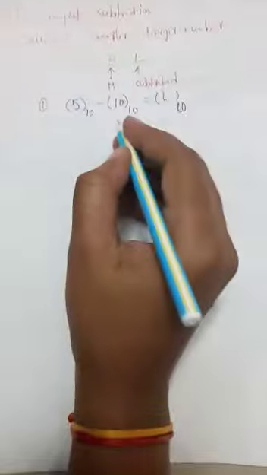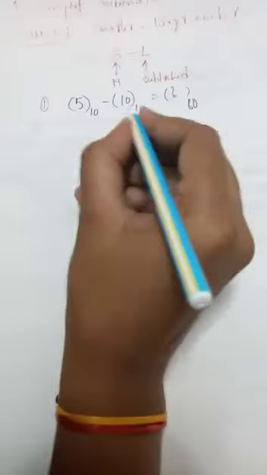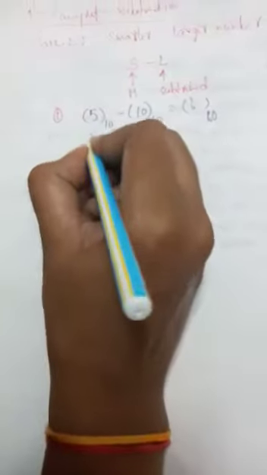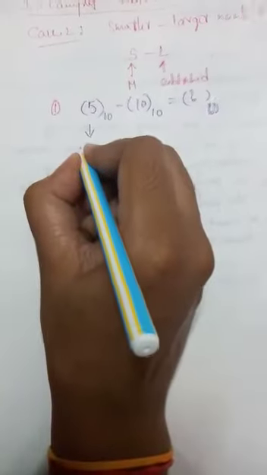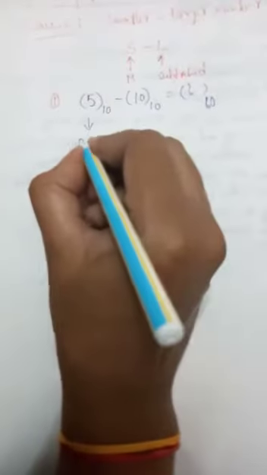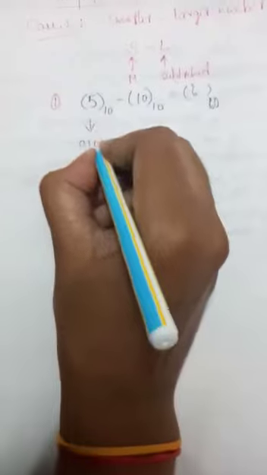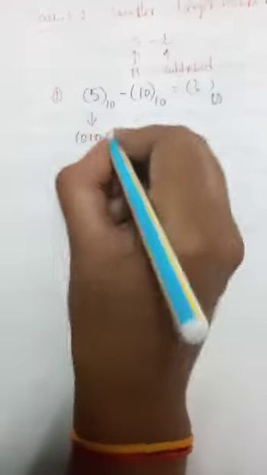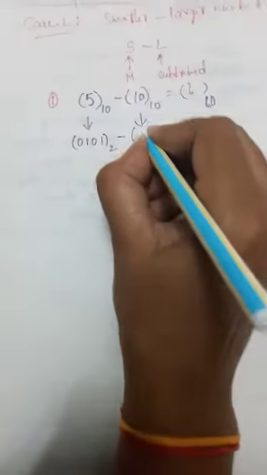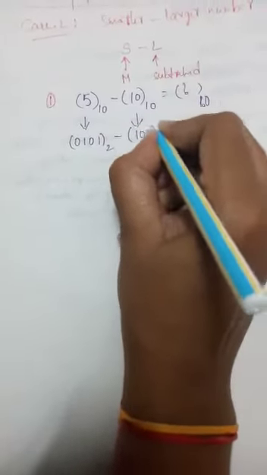That means the same numbers which were considered in the previous two videos also. First, the binary representation for this 5 is 0 1 0 1 and the binary representation for this 10 is 1 0 1 0.